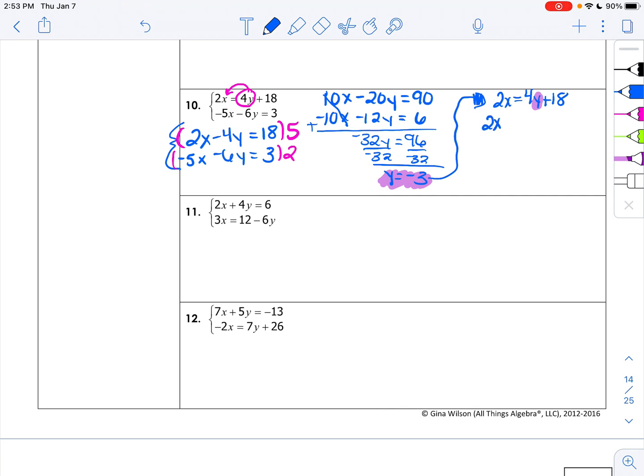So 2x equals 4 times negative 3 plus 18. And then from here, I'm going to solve. 2x equals negative 12 plus 18. 2x equals 6. So x equals 3. So my final answer is 3, negative 3.